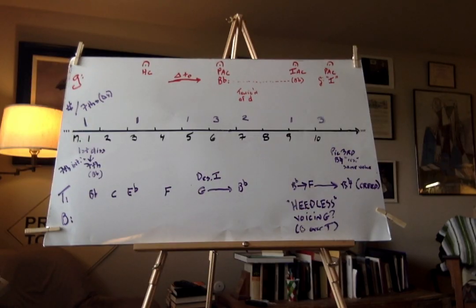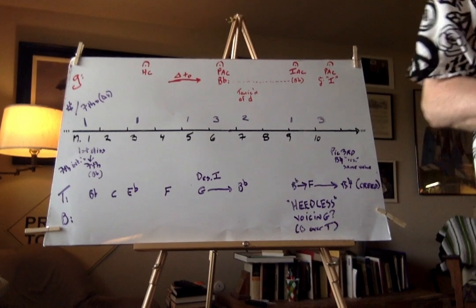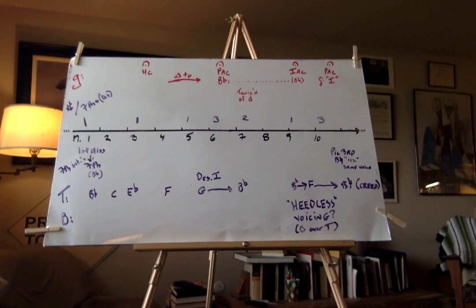Now, yes, commonly, Bach chorale settings have a bunch of seventh chords in them.